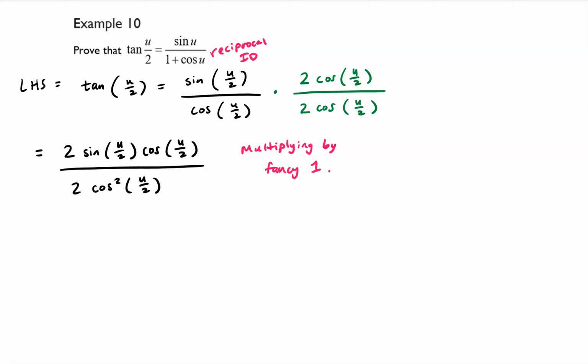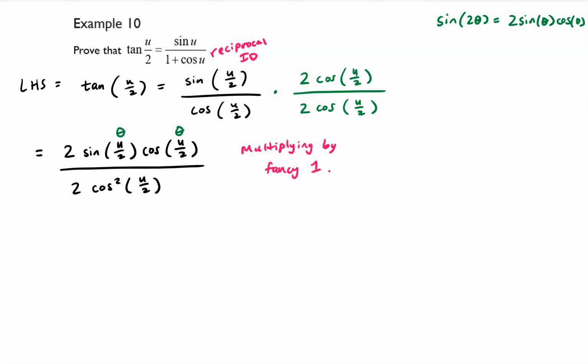Okay, now hopefully the numerator looks kind of familiar to you, and that looks very close to the double angle identity for sine. So remember that sine of 2 times theta is equal to 2 times sine of theta times cosine of theta. And the only difference is that instead of theta, we have u over 2. And so you can think of this as theta here.